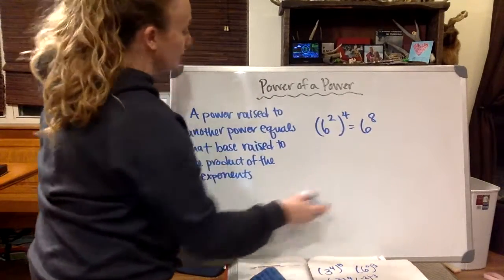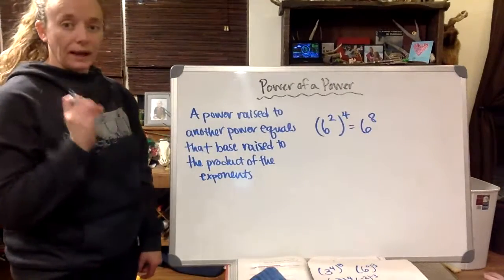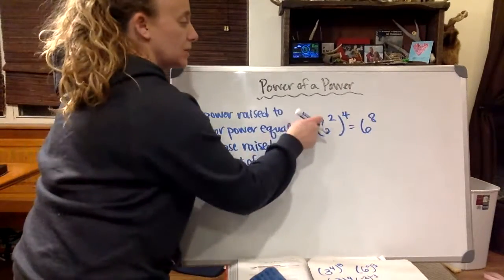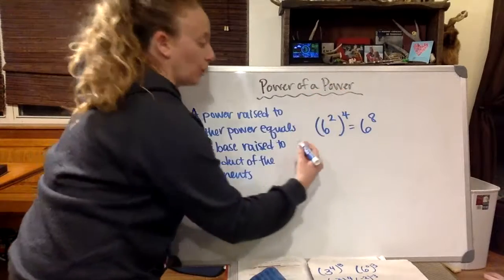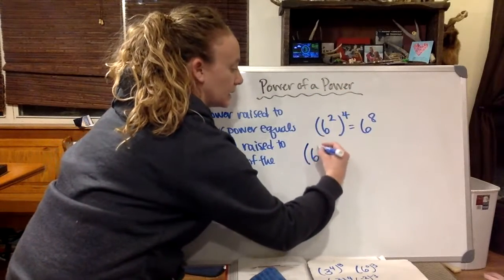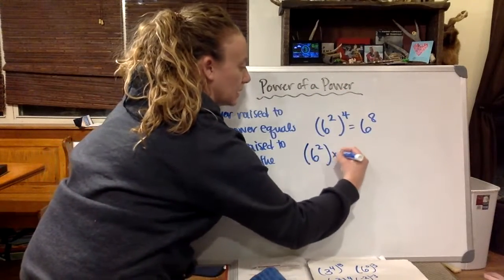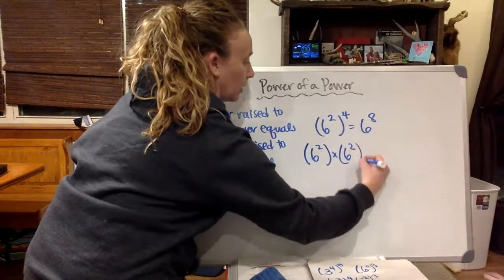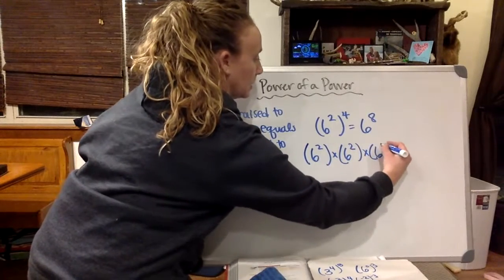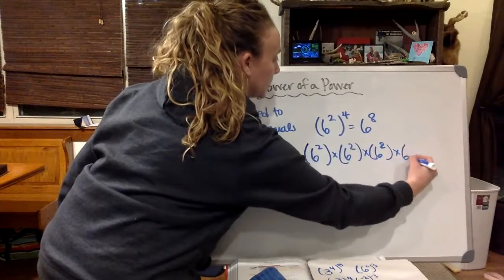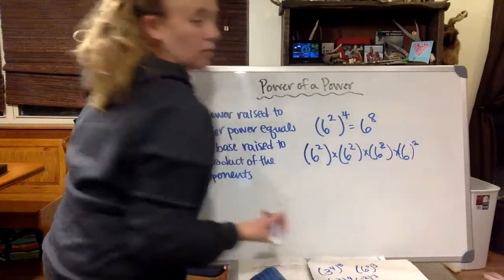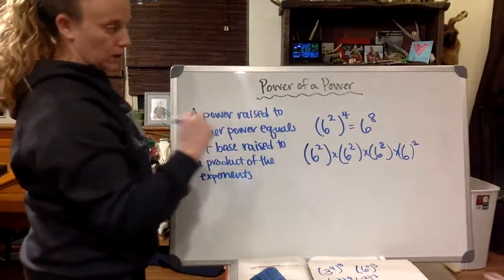Again, I am highly suggesting that you show the expanded form of all of this. So 6 to the second power raised to the fourth power is essentially us saying 6 squared times 6 squared times 6 squared times 6 squared, right? 6 squared 4 times.